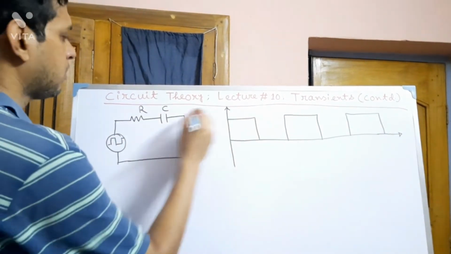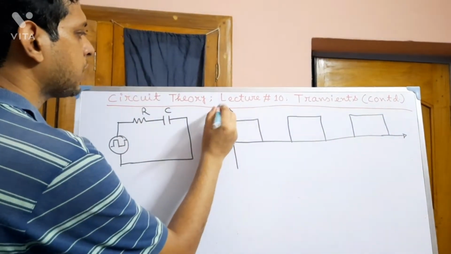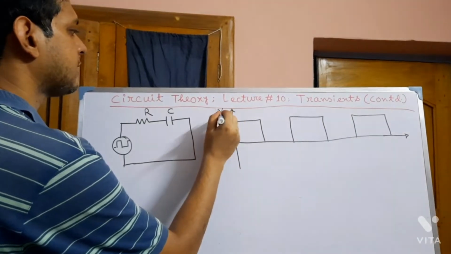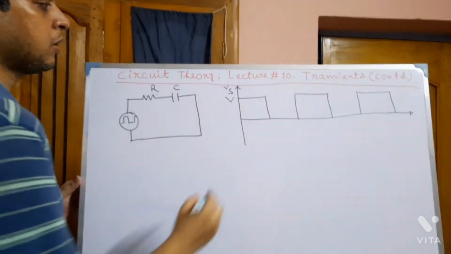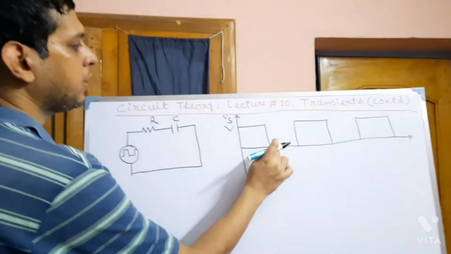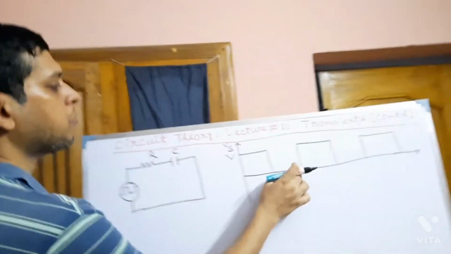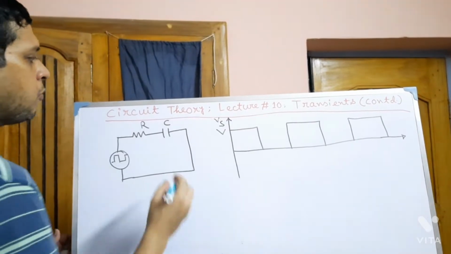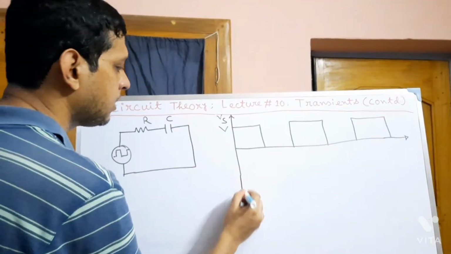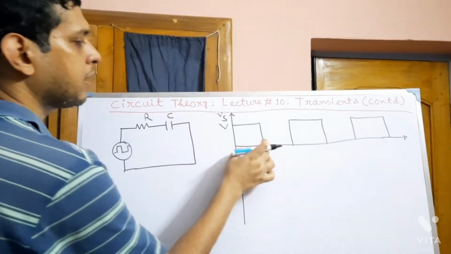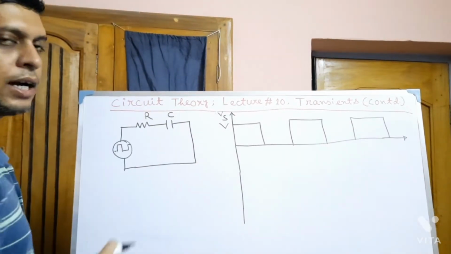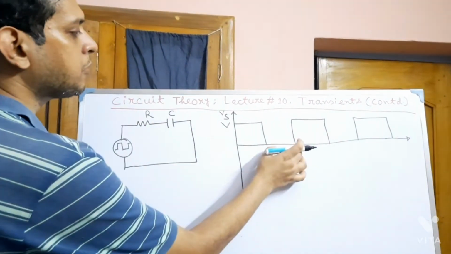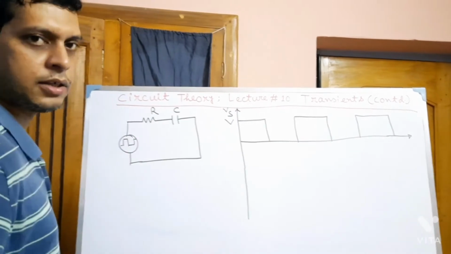Okay. Now, this is the supply voltage, Vs supply voltage. This is V for some interval, and the supply voltage is 0 for some interval. Okay. Now in this interval, the capacitor will get charged, and in this interval the capacitor will get discharged.